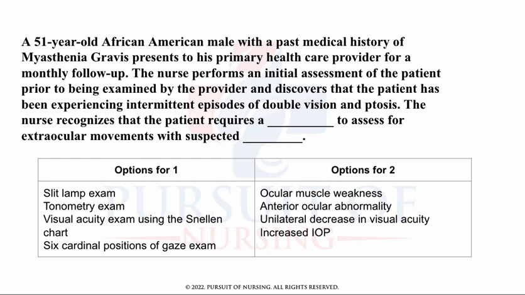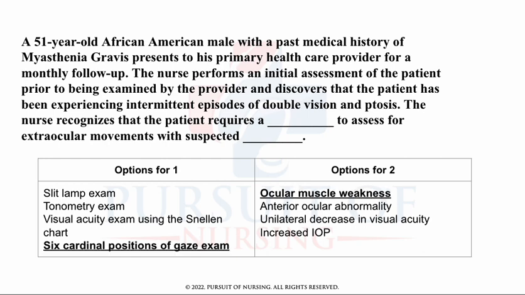The nurse recognizes that the patient requires a blank to assess for extraocular movements with suspected blank. So you know that the patient has myasthenia gravis, and you know that he's complaining of double vision and ptosis, or drooping of the eyelids. So review your options and see if you can select the correct one.